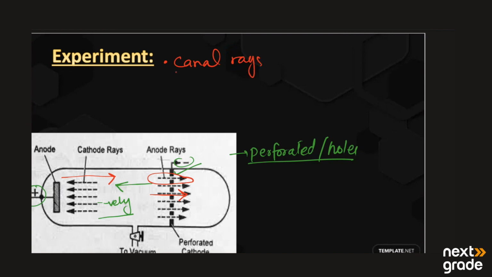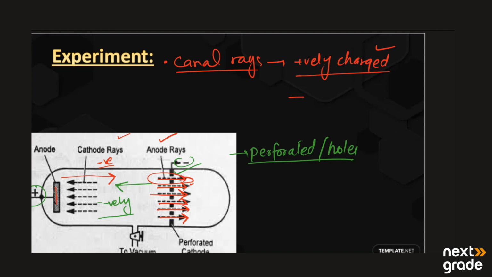These canal rays have opposite charge to the cathode rays. Cathode rays are negatively charged, so he said that canal rays are positively charged particles moving in the opposite direction to the cathode rays. He used a discharge tube with a perforated cathode so that the perforated cathode allows the passage of these rays, known as anode rays, originating basically from the anode.